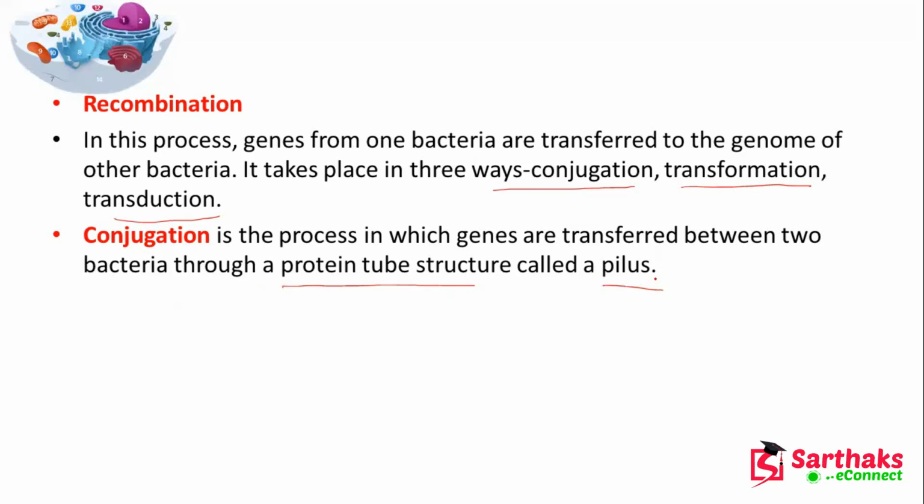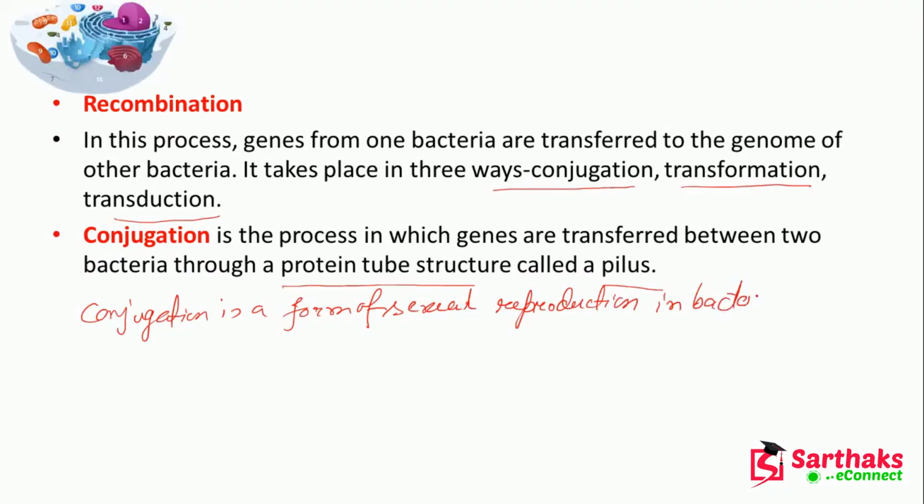So conjugation is a form of sexual reproduction in bacteria, and two individual cells are united by a tube.